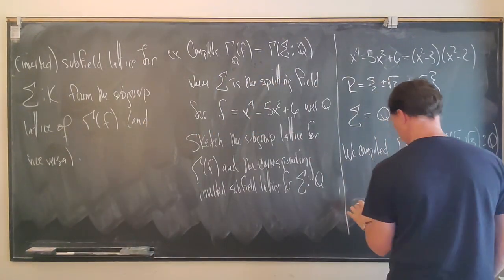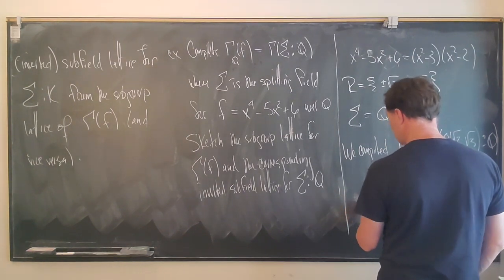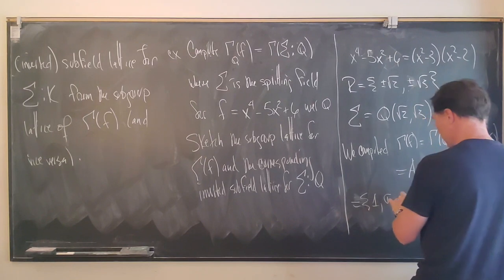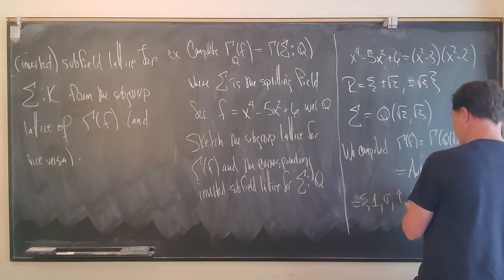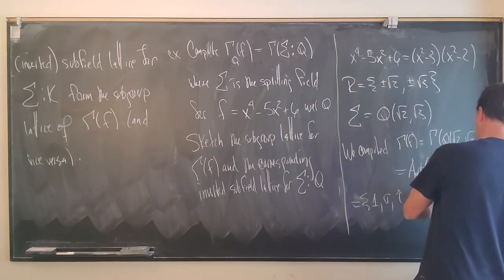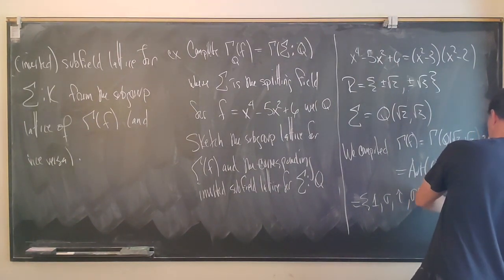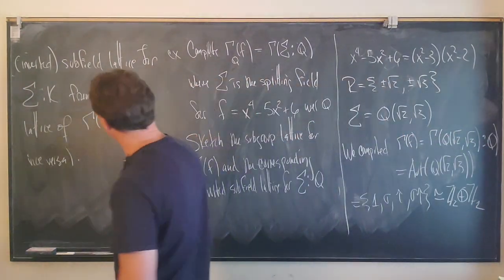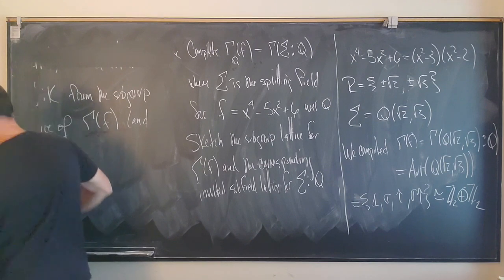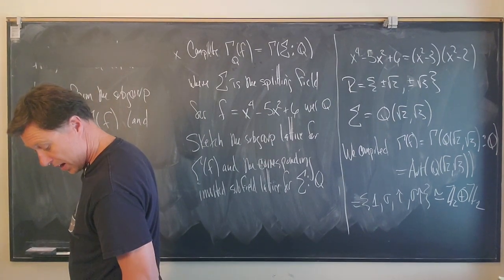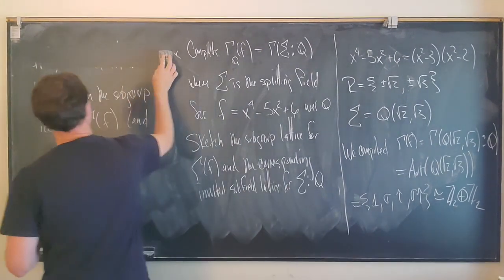So as a set, I called them 1, σ, τ, and στ, but isomorphic to Z2 ⊕ Z2, where σ interchanged plus and minus √2, and τ interchanged plus and minus √3.